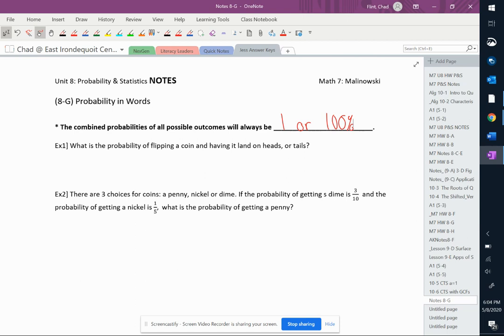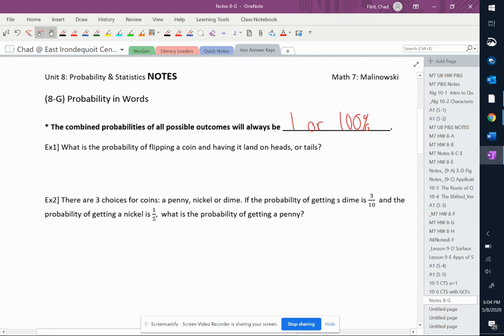And that makes sense because if we look at example 1 here, if I'm talking about the probability of flipping a coin, how many possible outcomes are there when I'm flipping a coin? Well, there's 2. Either 1, having it land on heads, or option 2, having it land on tails.